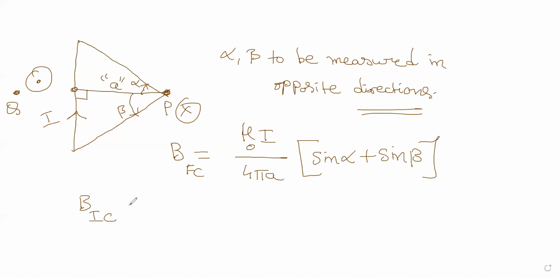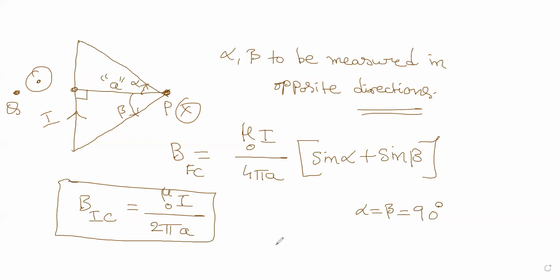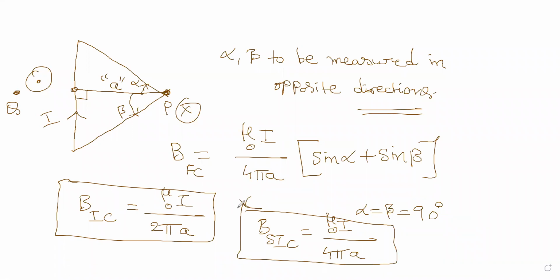For an infinite conductor, we substitute alpha equal to beta equal to 90 and get the answer mu naught I by 2 pi A. For a semi-infinite conductor, it will be mu naught I by 4 pi A, just half of this. That's it. The semi-infinite conductor case is half of the infinite conductor case. Now clear, hopefully.